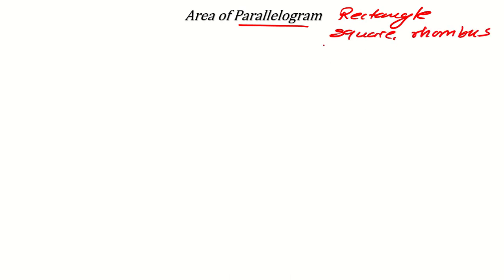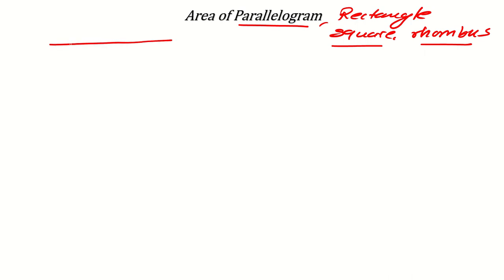See, the first topic will be area of a parallelogram. Now here you will understand one thing, that parallelogram, rectangle, square, or rhombus, all these things will be the same. The formula will remain the same.